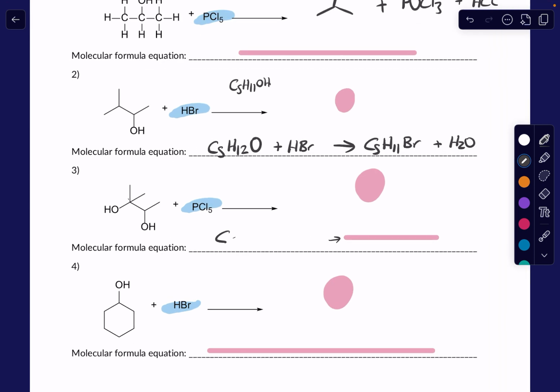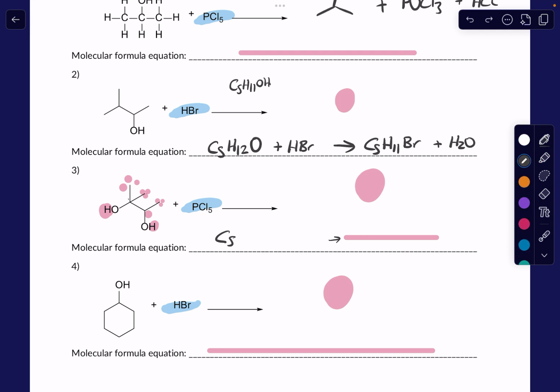So I'm going to go C5, and I'll show you where my hydrogens are now, just so you can see this, because I don't want you to get mixed up. Then I have 1 here, 3 here, 1, 2, 3, 4, 5, 6, 7, 8, 9, 10. This carbon over here has got 3 bonds, so one of them must be a hydrogen, 11. And then this carbon over here, 1, 2, 3, 4 bonds, which means that is the maximum amount that I have.